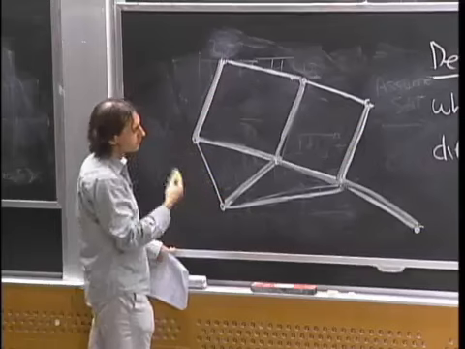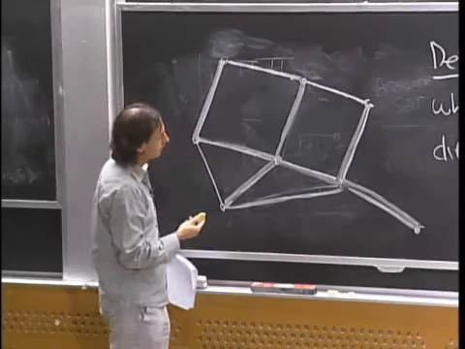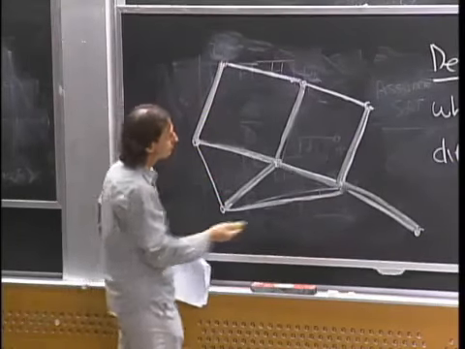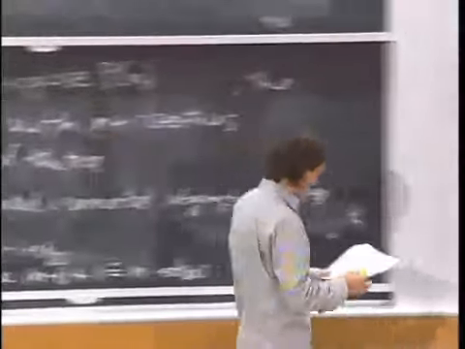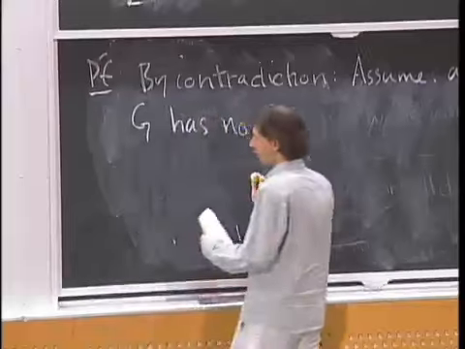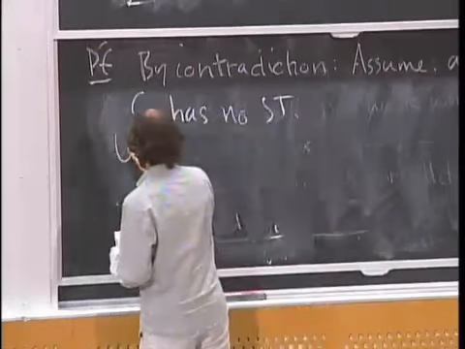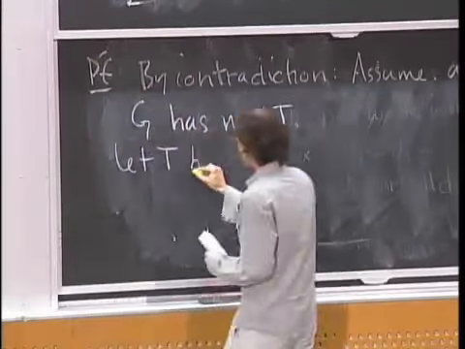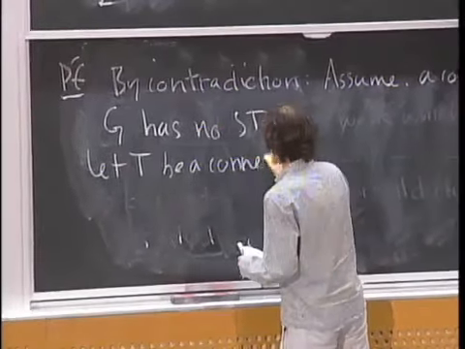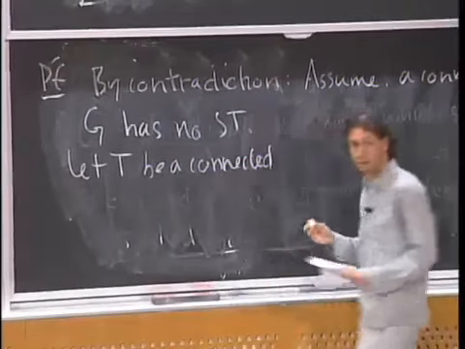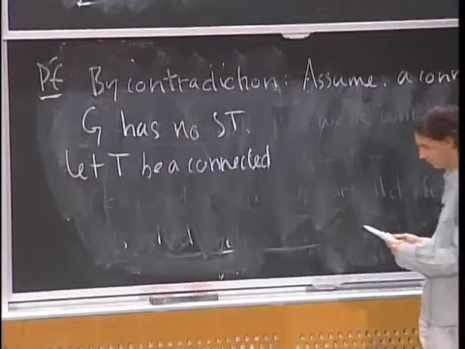So maybe we have an idea here, and maybe we can use this. So maybe we can say, let's consider a graph T. So let T be a connected subgraph of G, but with the property that it has a minimum number of edges.